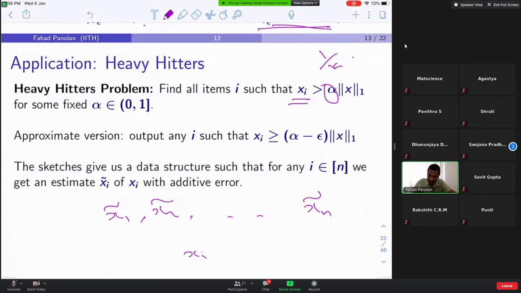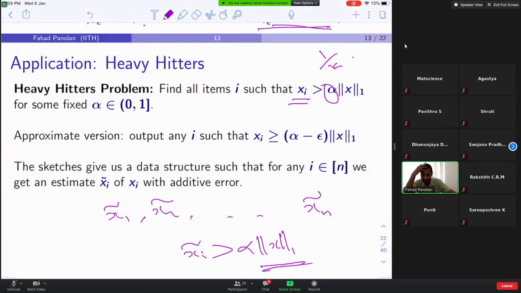And look for all the xi tilde such that xi tilde is greater than alpha times the L1 norm of x. This can be easily computed, like how to do f1: you just need to keep a counter of the absolute values of all the xi's, within log n bits.